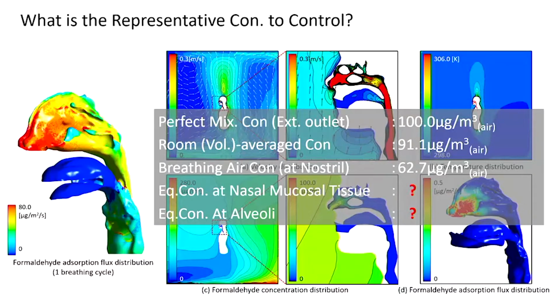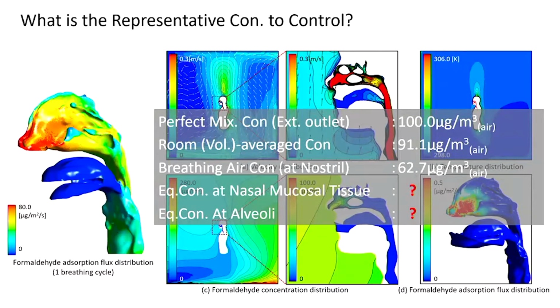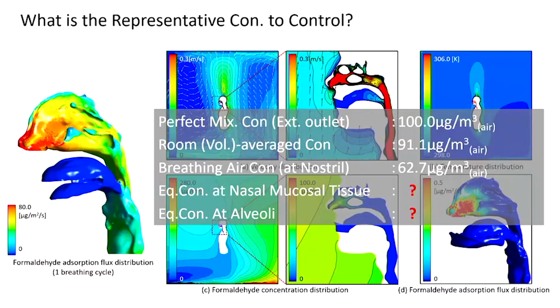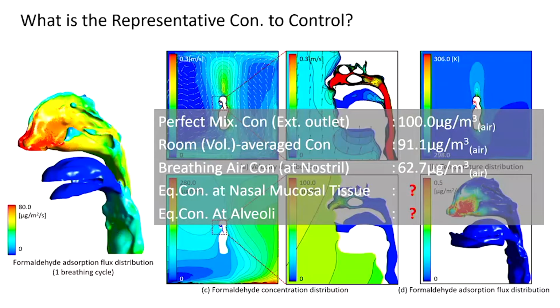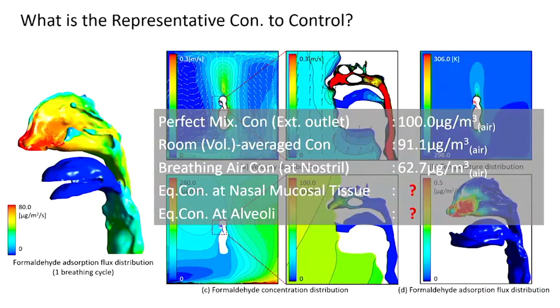On the other hand, the room averaged concentration, this volume average concentration in this room, is calculated to be 91.1 microgram per cubic meter, just 10% lower compared to the perfect mixing concentration.